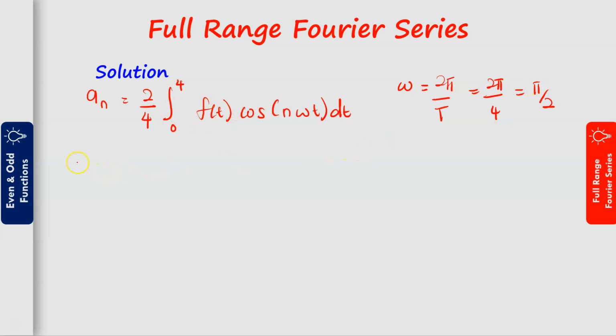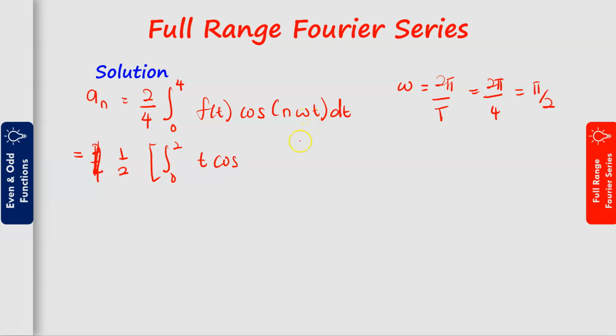Here when we substitute, we'll have 2 over 4, or simplified, 1 over 2. I integrate from 0 to 2, and f(t) is given by the function t. For 0 to 2, you multiply by cos n omega t.